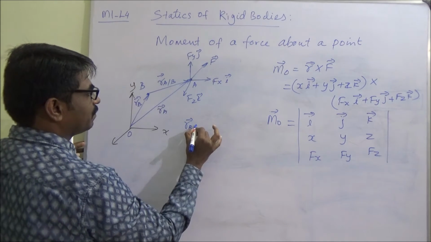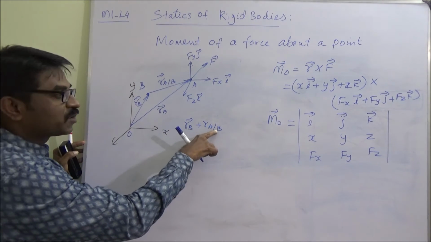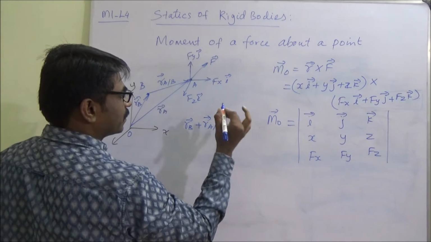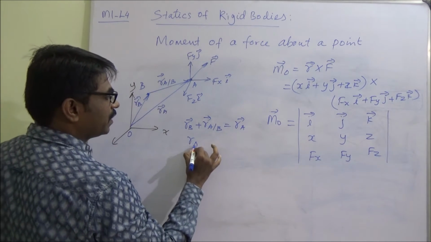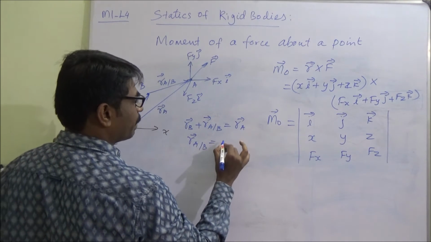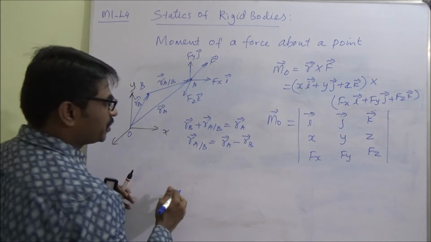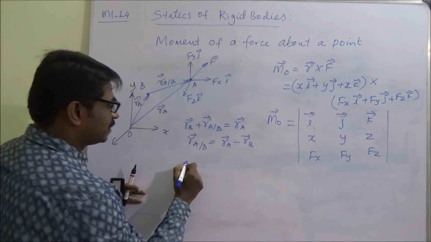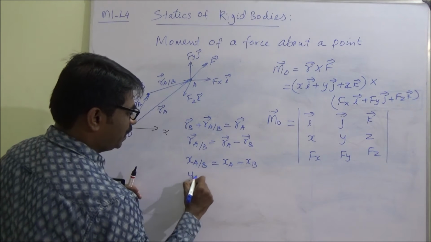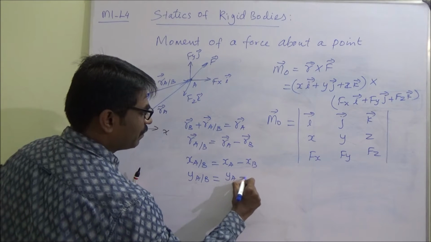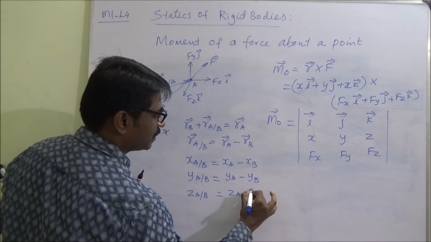So RB vector plus R of A with respect to B is equal to RA vector. So RAB vector equals RA vector minus RB vector. So the rectangular components, xAB will be xA minus xB, yAB will be yA minus yB, zAB will be zA minus zB.